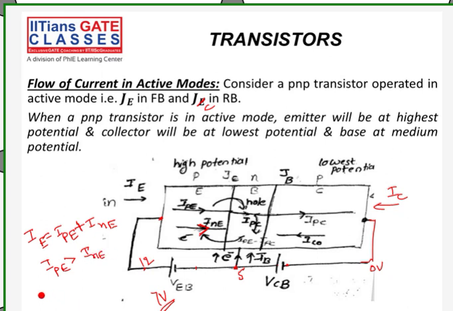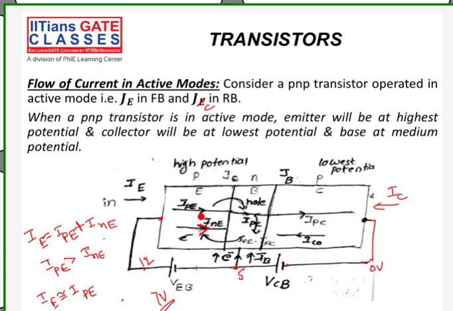It means I can write IE is approximately equal to IPE because emitter is heavily doped. Very few electrons will be entering into the P region, means into the emitter side. So that is why INE is very less as compared to this. So the current which is dominating here and which is crossing the junction will be only the hole current, which is coming from emitter.